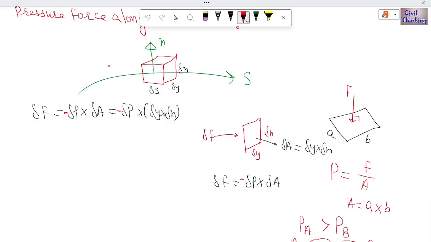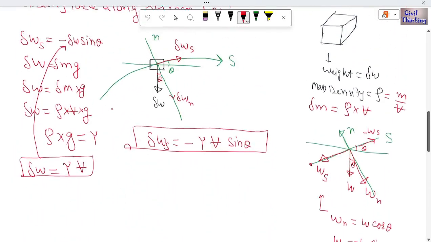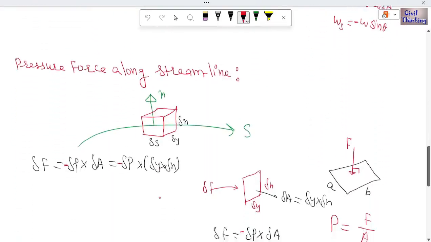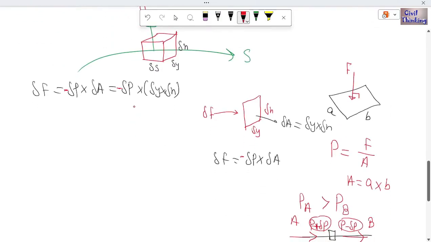Do we need any simplification? You can see the gravity force along the streamline is in terms of the volume, but here we have it in terms of the area. It will be better if we represent this also in terms of volume, so that we have uniformity and can craft a beautiful equation.